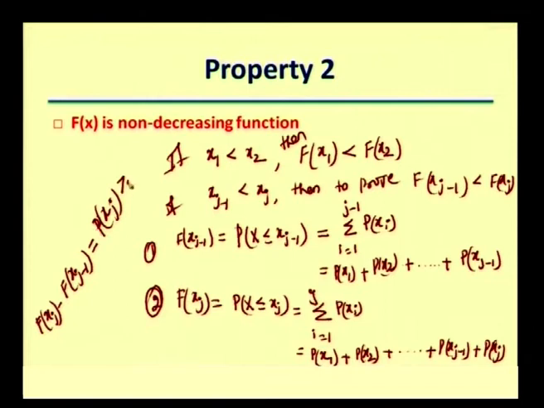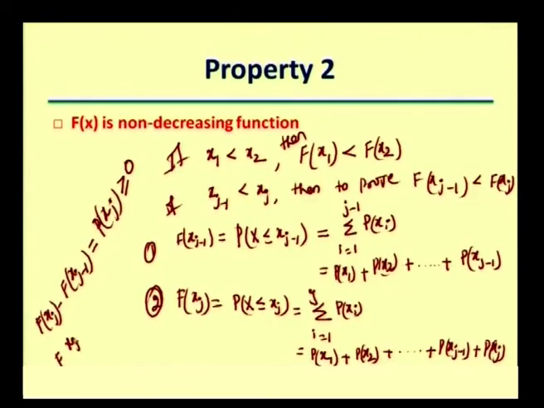This is obviously greater than or equal to 0 by the property of the probability mass function. So automatically we have F(x_j) greater than or equal to F(x_{j-1}). Hence F(x_{j-1}) is less than or equal to F(x_j). This is how we have proved F(x) is a non-decreasing function.